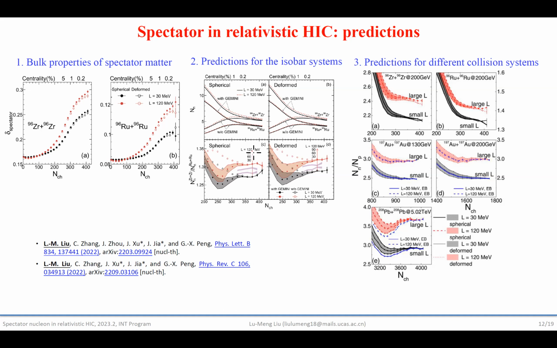We can see here the result in the UCC region is free from these uncertainties. So we think the yield of free spectator neutrons in UCC region could be a clean probe of the neutron skin thickness, and also the slope parameter of symmetry energy.